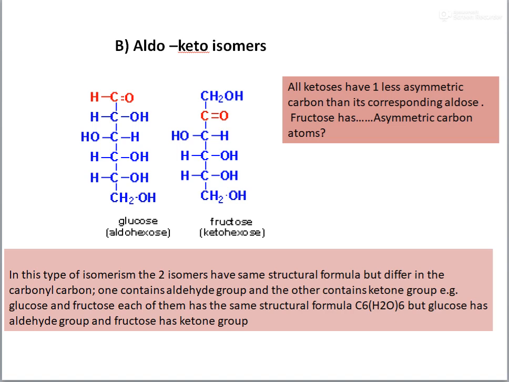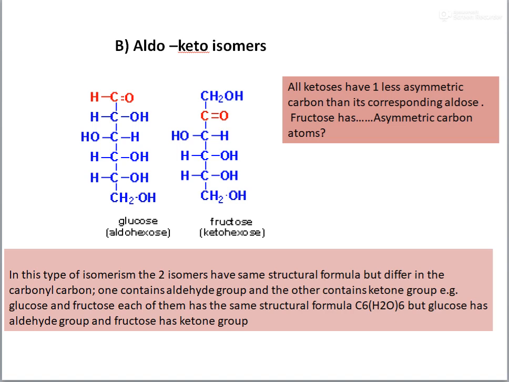You can see that the number of asymmetric carbon atoms is lesser than that of glucose. Glucose is an aldohexose, with an aldehyde group, and both have 6 carbon atoms. But ketoses usually have one less asymmetric carbon atom compared to the aldose.